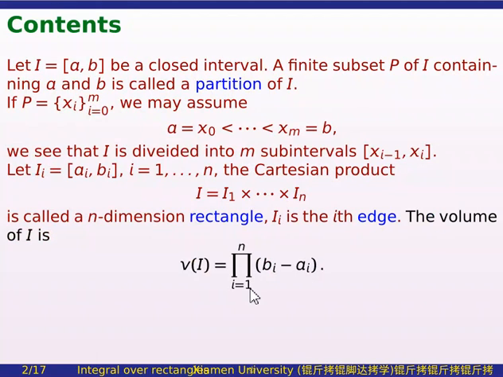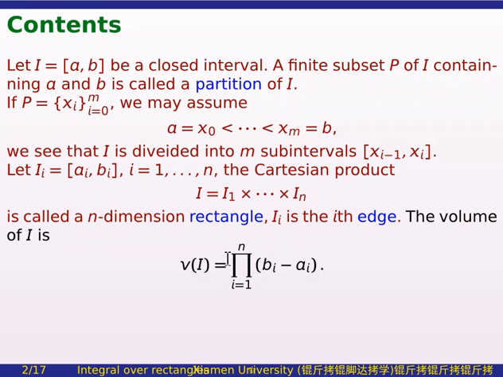We also define the volume of the rectangle. That is the product of the lengths of the edges of the rectangle, the product from i equals 1 to n of (bi minus ai). Here bi minus ai is the length of the ith interval [ai, bi]. Multiplying all the lengths of the edges, we obtain the volume of the rectangle. Of course, this is a natural generalization of the lower dimensional cases we know.